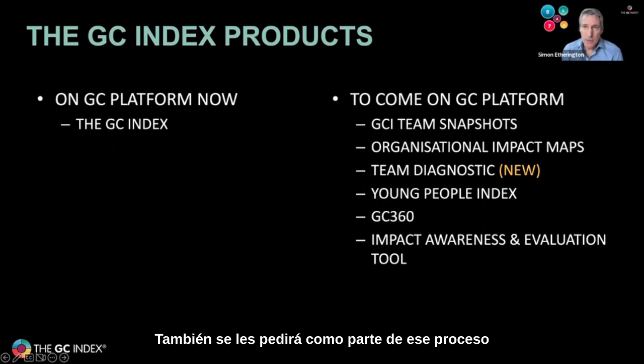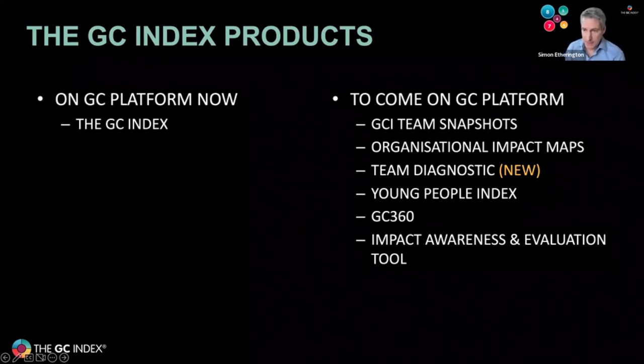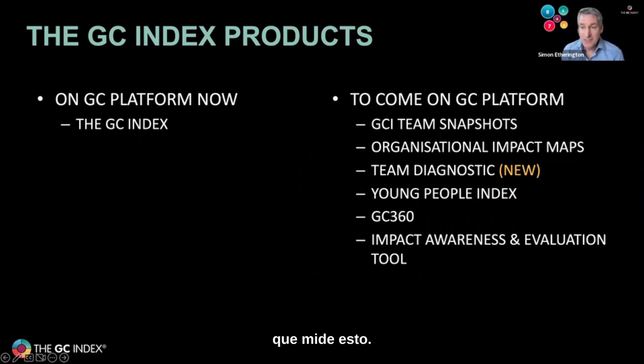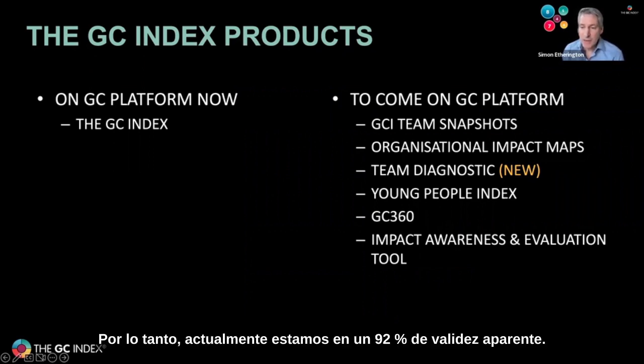They will also be asked as part of that process to give a score or a rating of how closely they felt that the GC Index maps to them. Now, we call that face validity. And currently, so we're possibly the only tool that we're aware of, by the way, that measures this. So we're currently at 92% face validity.